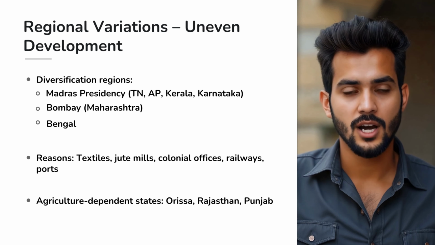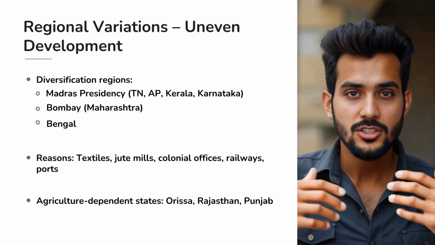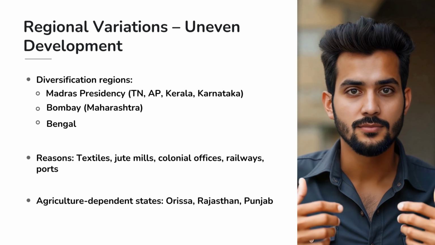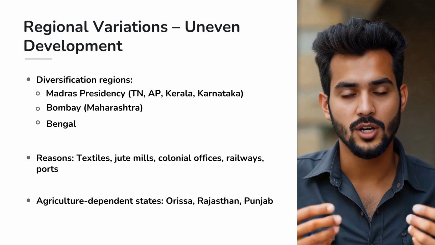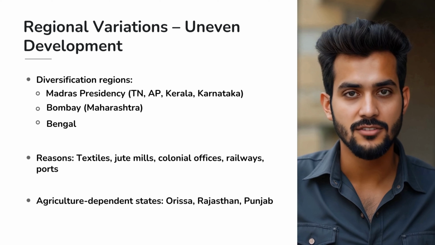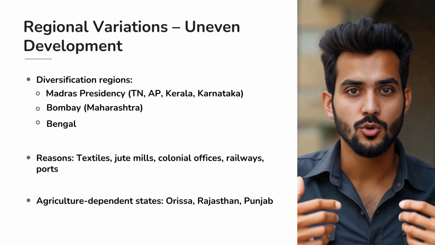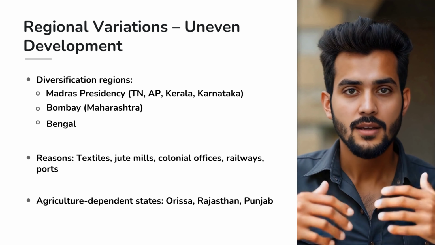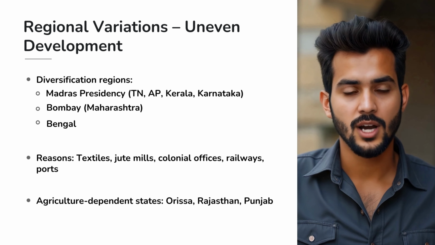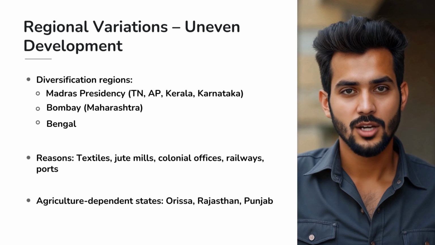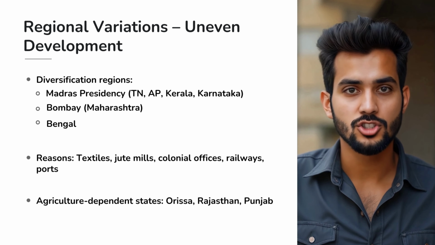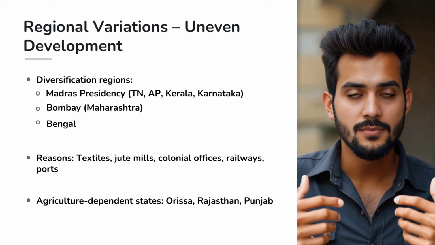Regional variations, uneven development, but this wasn't uniform across the country. Some regions showed early signs of occupational diversification. In Madras Presidency, now Tamil Nadu, Andhra Pradesh, Kerala, Karnataka, Bombay, now Maharashtra, and Bengal, there was a noticeable shift from agriculture to industry and services.